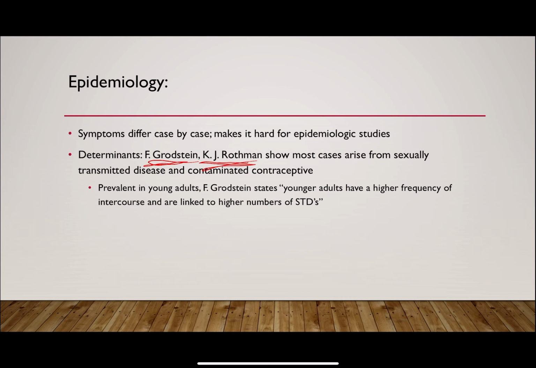Some detriments that F. Grodstein and K.J. Rochman touched on in their epidemiology of pelvic inflammatory disease article were that in most cases the disease arose from STDs and contaminated contraceptives. It sounds crazy, but yeah, contaminated contraceptives.